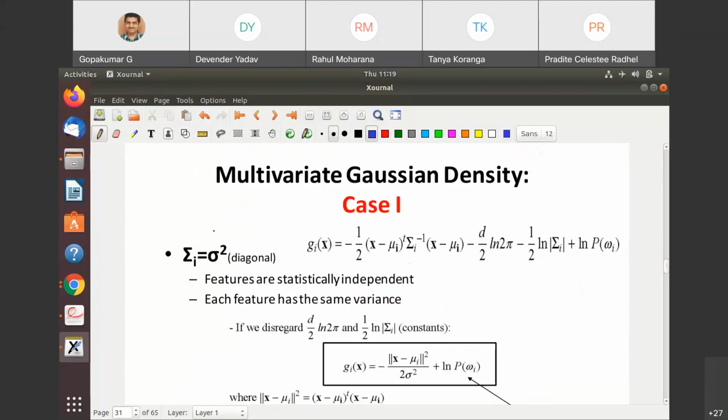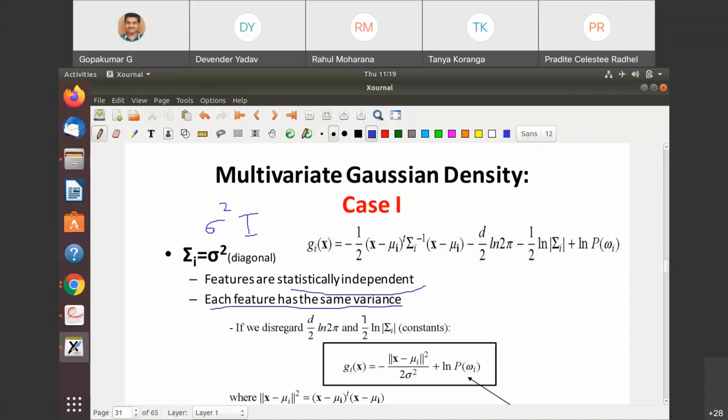In one case we assume that the covariance matrix is sigma square I. So we are assuming that the features are statistically independent, which means the off diagonal elements are zero, and we have values only in the main diagonal. And we are again assuming that each feature has the same variance.